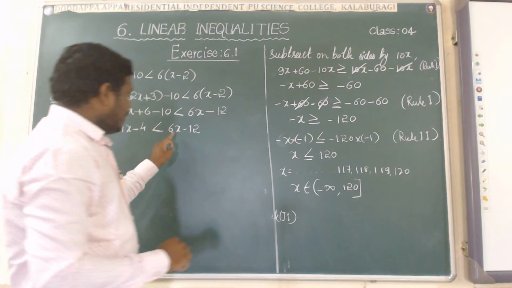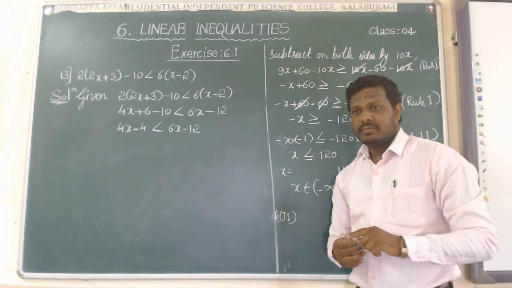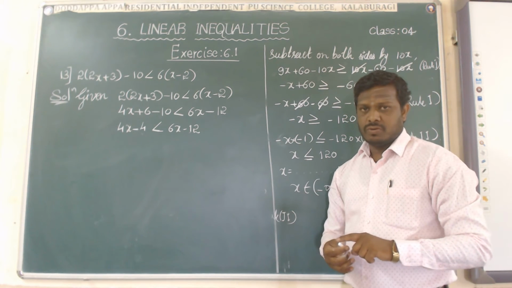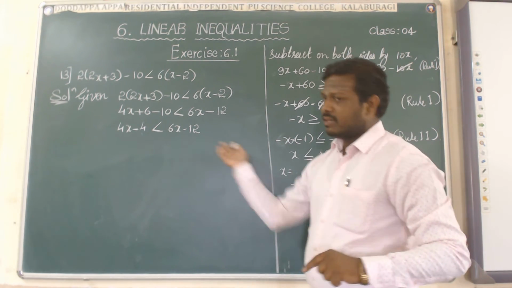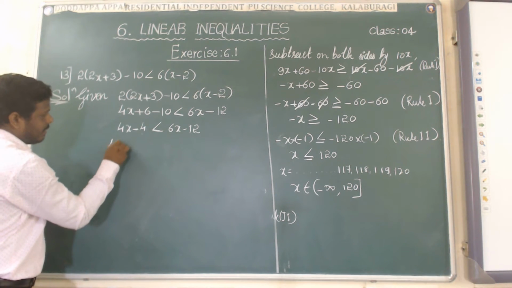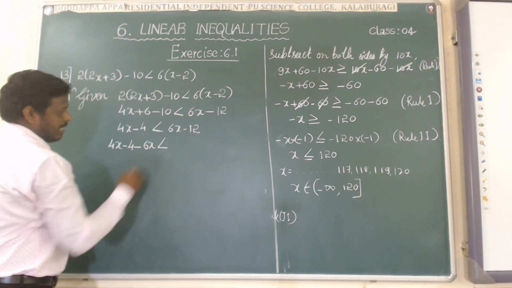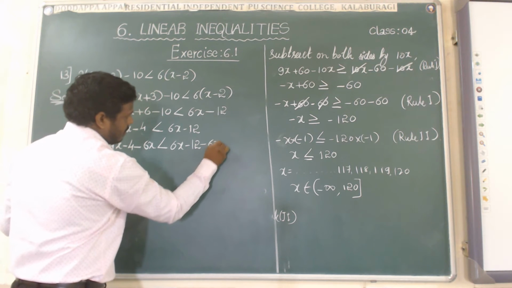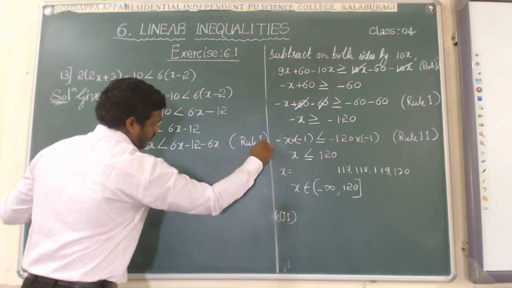Now I want to remove the 6x from the RHS. What to do here? How to remove this? By using the first rule, subtract both sides by 6x. I will not write that in words, I will write directly here: 4x minus 4 minus 6x is less than 6x minus 12 minus 6x, by using the rule first one.